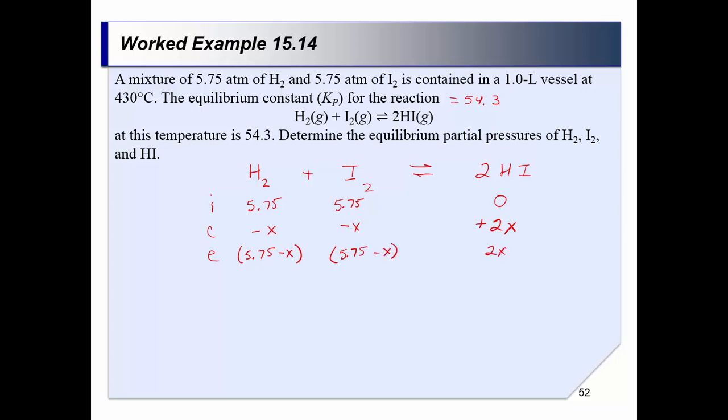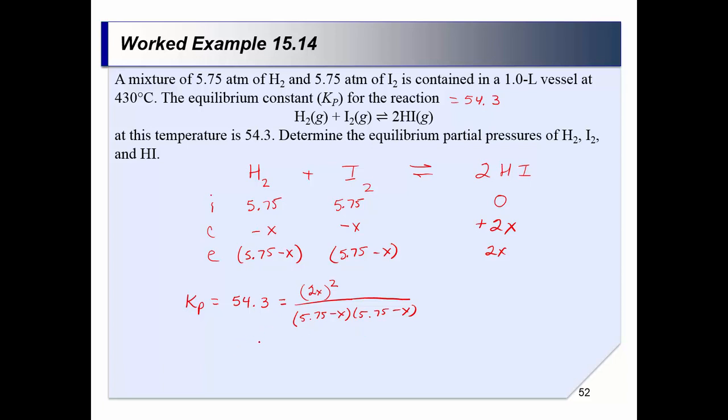Now I can put that into the Kp expression: 54.3 equals the partial pressure of HI squared over 5.75 minus x, 5.75 minus x. Now this is another one of those that works out very nicely, because all we need to do is take the square root of both sides.